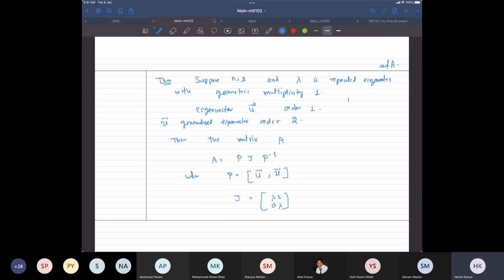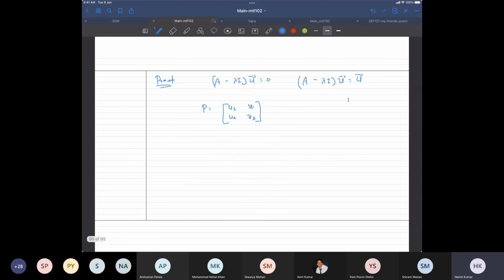Maybe I should write it in a better way. Then J is lambda, 1, 0, lambda. I'm not going to do anything fancy. I'm just going to directly compute because these are simple cases. What I want to show is that A is equal to P J P inverse.